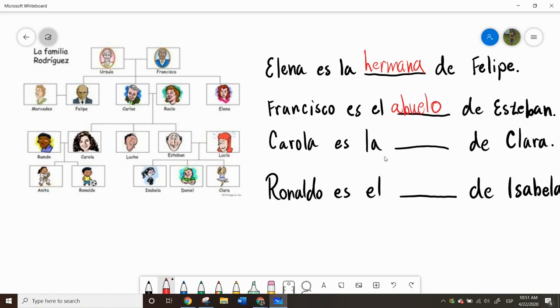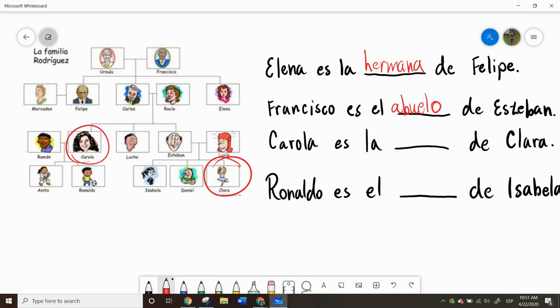All right, let's look at this one. Carola es la blank de Clara, sorry. All right, so Clara is right here, and Carola está aquí. Okay, so how is Carola related to Clara? All right, so Clara is the daughter of Esteban and Lucia here. So she's Esteban's kid.